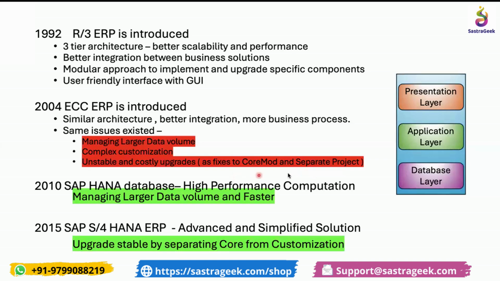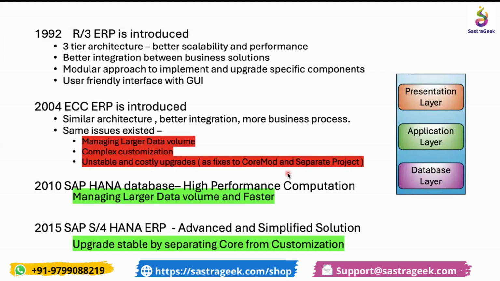So yeah, there were challenges for upgrading the system, and what SAP came out with was to have a core system that cannot be edited, or where customization is not done directly on any standard SAP code. So what they did was they started having the idea of a clean core approach, segregating all the customization as a separate entity to the standard SAP code.